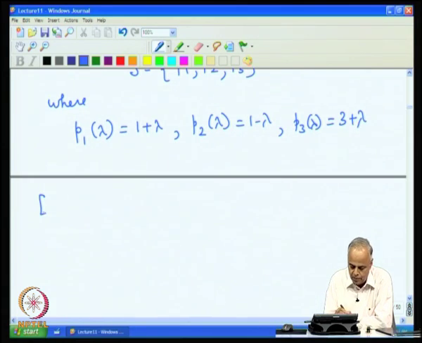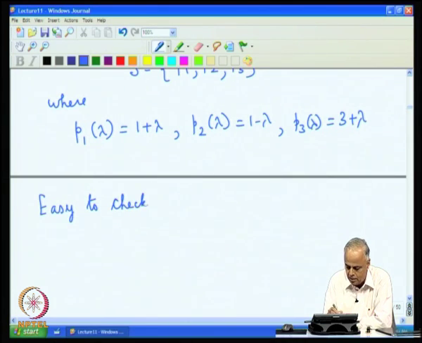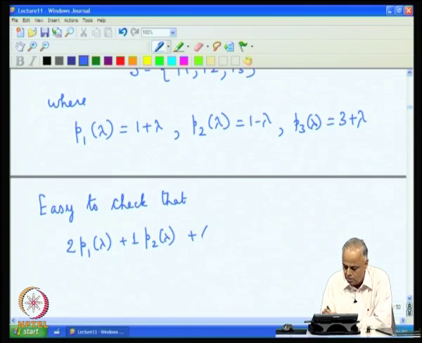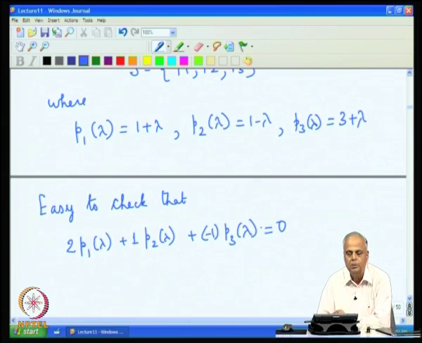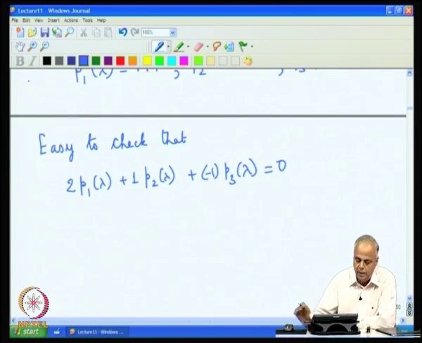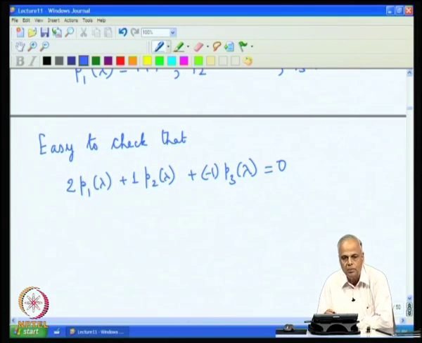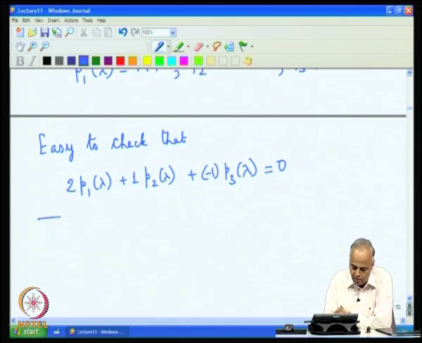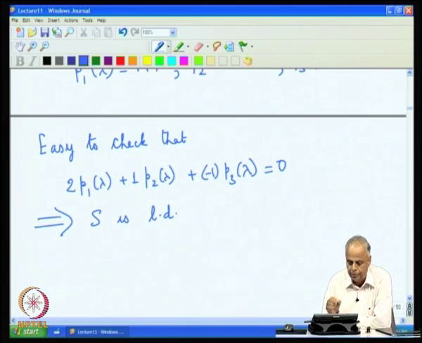Again, as we had done in the last lecture, it is easy to check that 2 P 1 lambda plus 1 P 2 lambda plus minus 1 P 3 lambda is the 0 polynomial. This means we have non-trivial linear combinations which give rise to the 0. Whenever this happens, we say that the set S is linearly dependent.